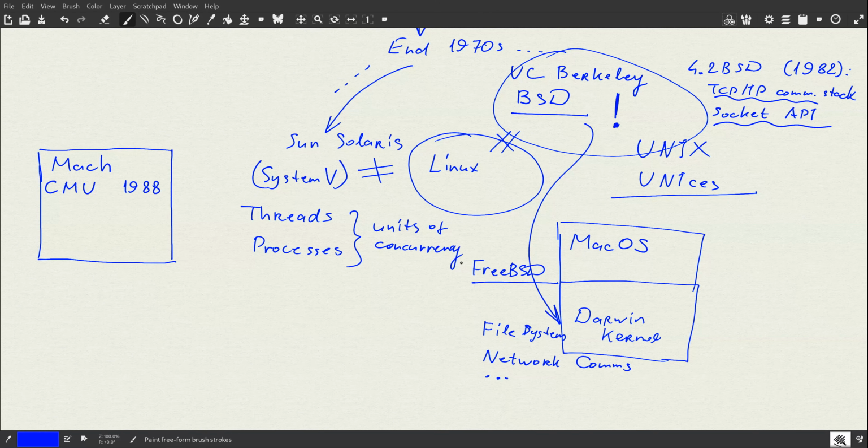And processes as units of concurrency or concurrent entities have been in Unix systems from the very beginning. When first Unixes appeared more than 50 years ago, in 1969, 1970, then it was already possible to create processes and run multiple processes on your system.